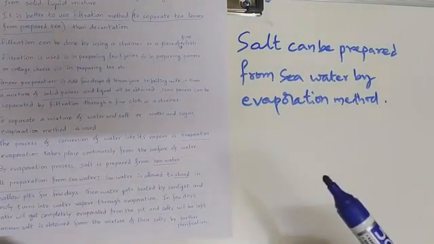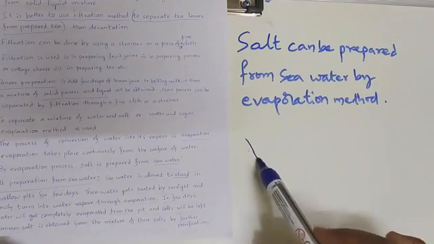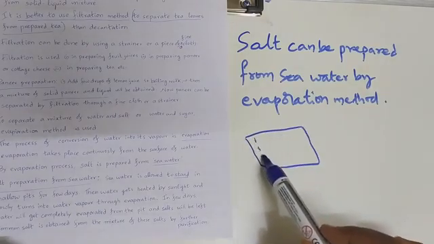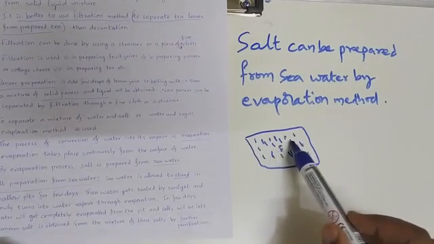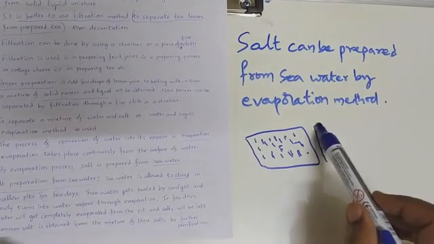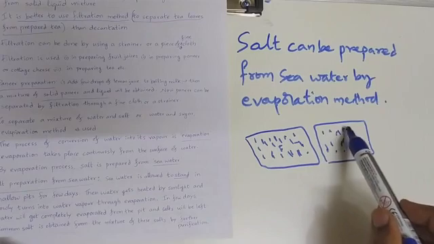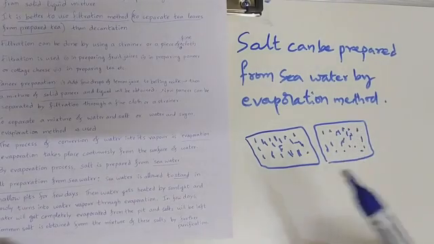Right? So, how do we prepare salt from seawater? First of all, seawater is allowed to stand in shallow pits. Shallow means not too deep. This seawater is allowed to stand in shallow pits for a few days.